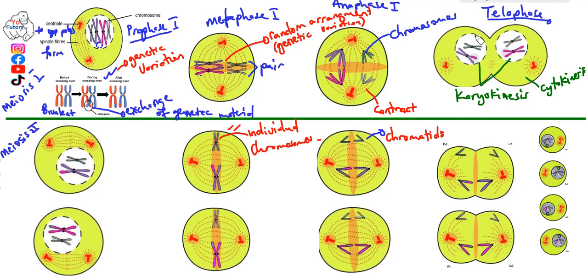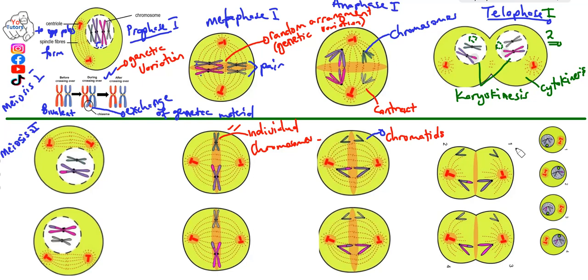Another thing that you can see is that our nucleus starts to form, and also the nucleolus starts to form. That's what you will see during telophase 1. So your nucleus starts to form, karyokinesis and cytokinesis taking place, and two daughter cells are formed.